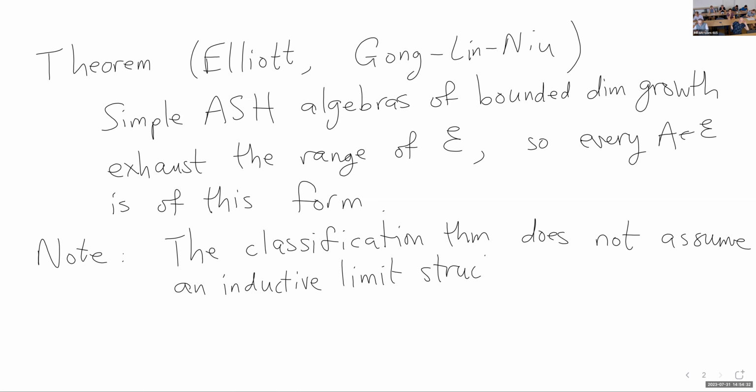I'm at no point going to tell you how the classification theorem is proved. If you look at the arXiv paper by Jose Carrion and his co-authors, nowhere in the proof do they use inductive limit structure.